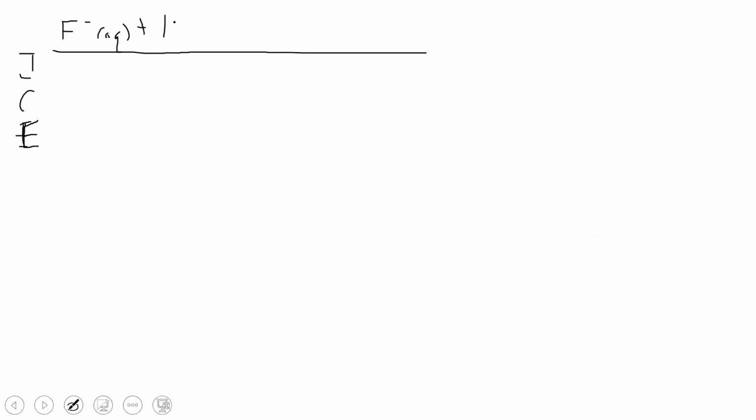And so now we've got our fluoride ice. I can't wait to get that stylus. So the fluoride will react with the water to produce HF plus hydroxide.